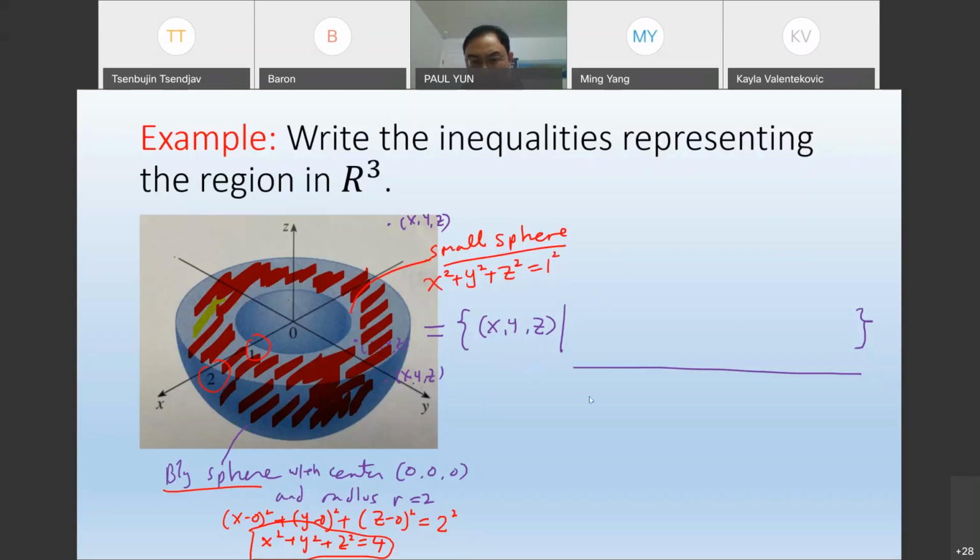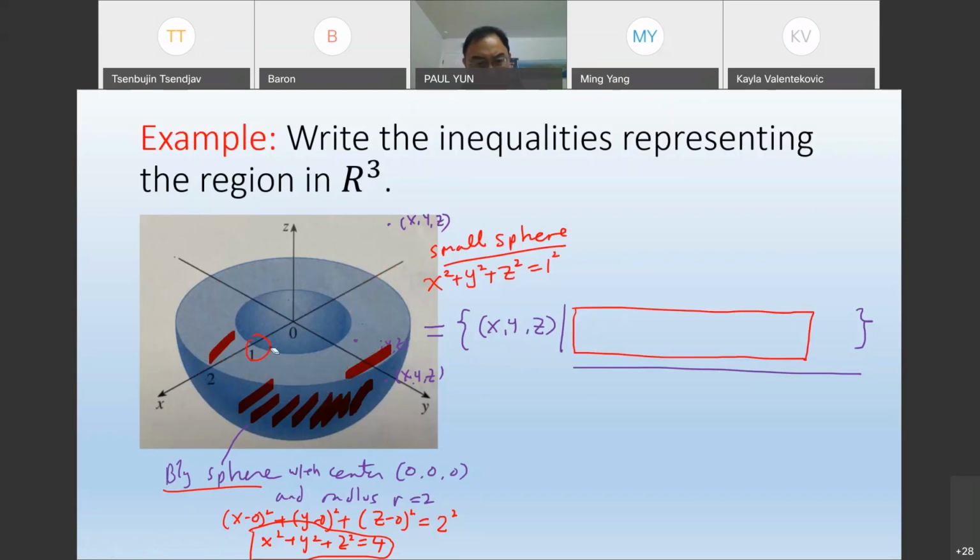So what do you realize? All the points here. Anyone has an idea here? Write down something here to express all the shape here. You know what our responsibility is. I mean, this part.